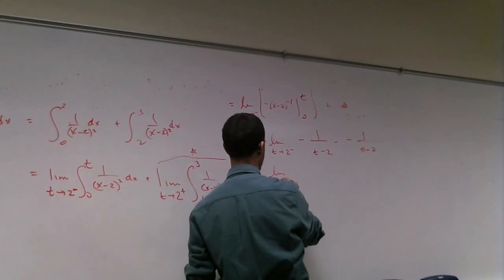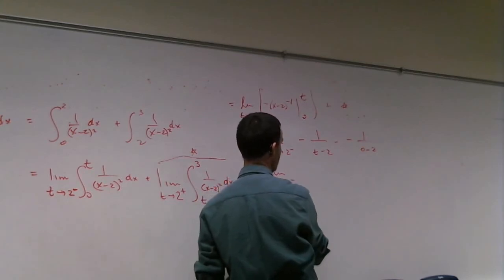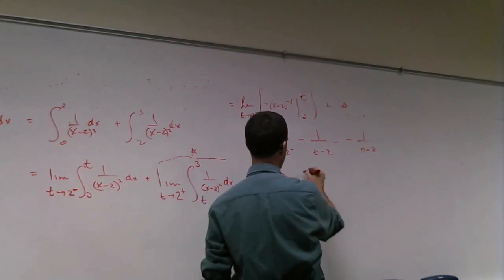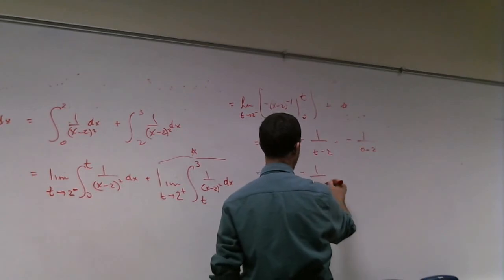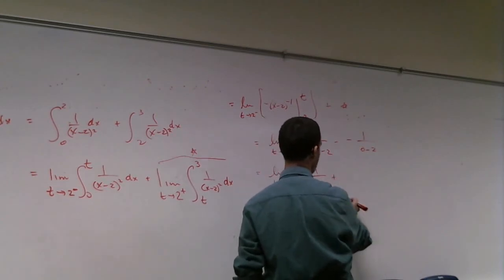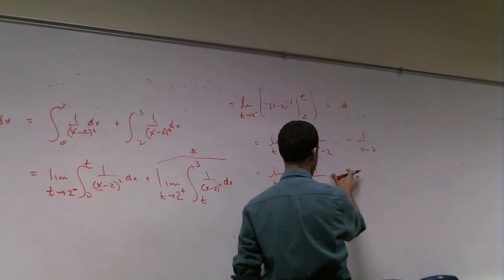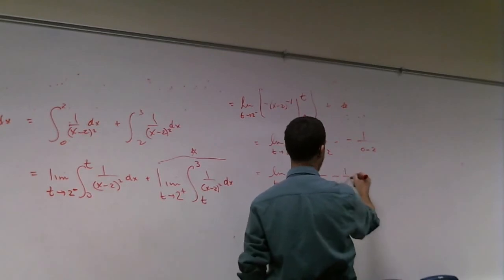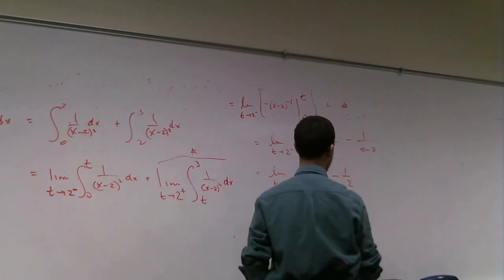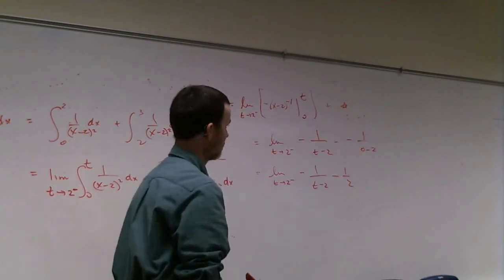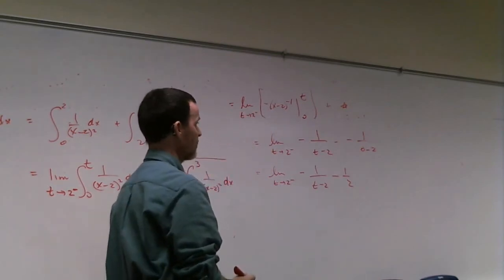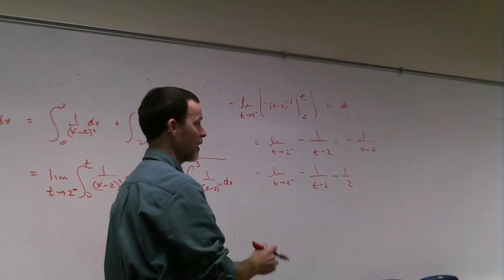So it's the limit as t goes to 2 from the left of negative 1 over t minus 2 plus 1/2. Minus a minus a minus.